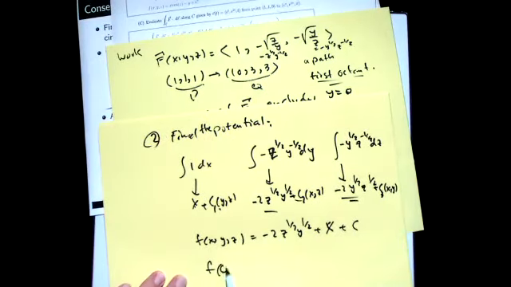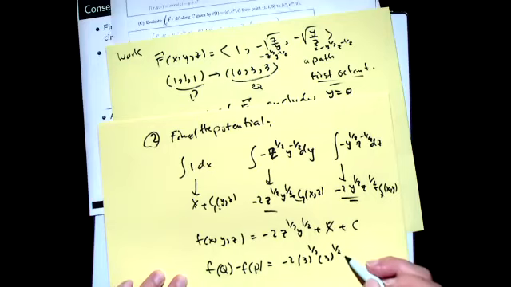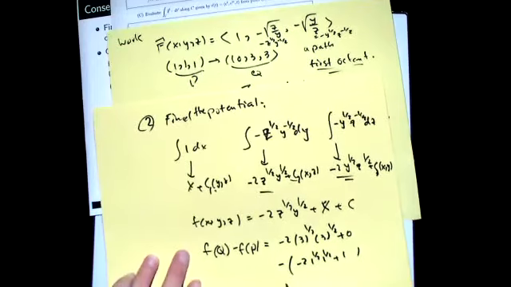So f of q minus f of p is going to be whatever that is. Negative 2, z is 3 to the power 1/2, 3 to the power 1/2, plus 10, minus negative 2, 1 to the power 1/2, 1 to the power 1/2, plus 1.